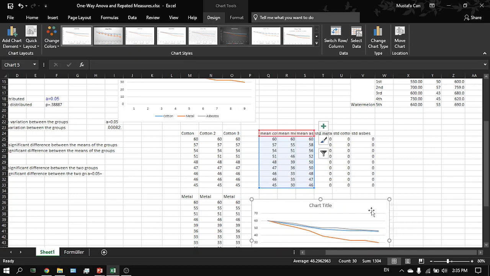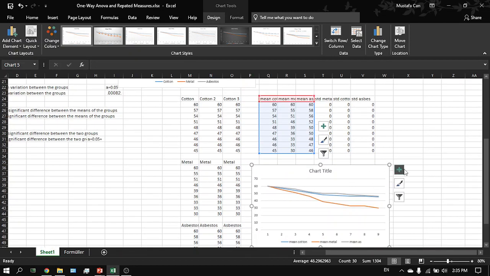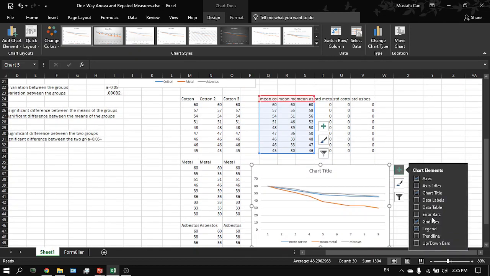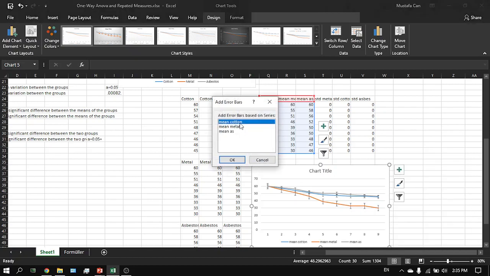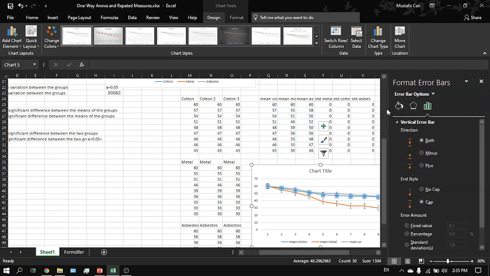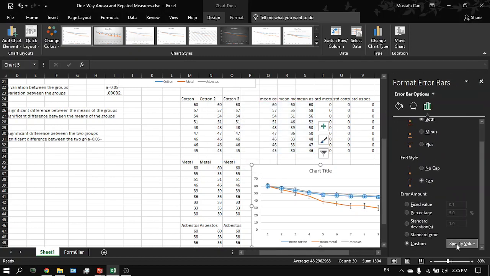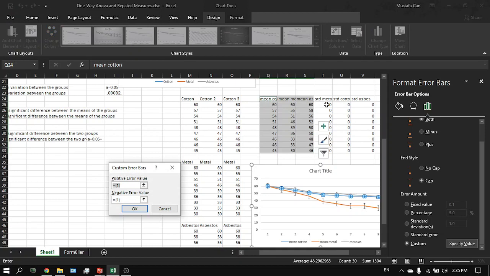You have your line graph like this, and if you want to add error bars to each point, you come to here, more options, mean cotton. You say mean cotton. For cotton, you'll need to choose the cotton one. Why did I put it like this? And I delete one.